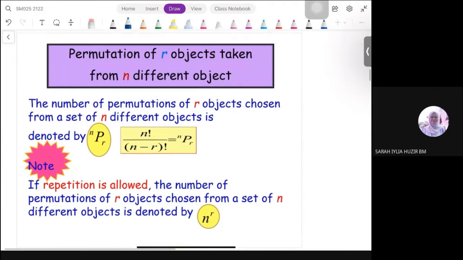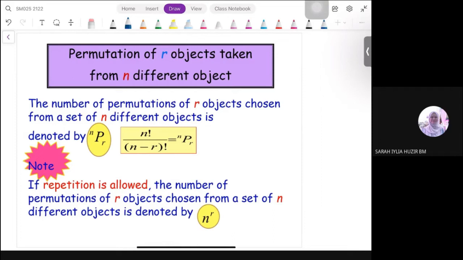Moving on. So, let's move on to the next part, permutation for different number of objects. All this while kita ada, let's say n is 5, all 5 things we want to rearrange. But what happens if the number of objects and number of options that we have would be different? Apa yang saya maksudkan kat sini, contohnya, let's say saya ada 5 barang, tapi saya nak susun 4 barang je.